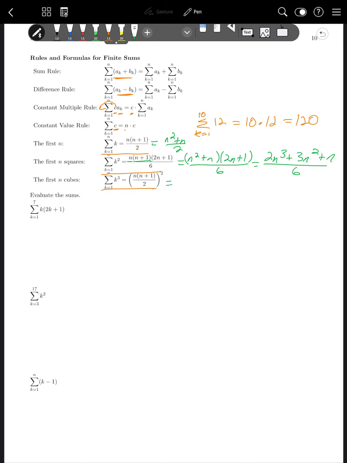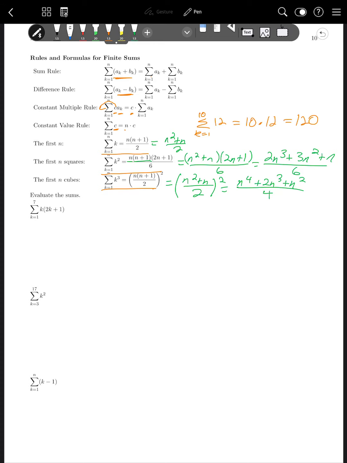And then for the last one, we multiply inside the parentheses and we get n squared plus n over 2. And then we can square that and get n to the fourth plus 2n cubed plus n squared over 4. So for now, we're going to use the factored ones here, but later on, we're going to want to use these multiplied out versions. So that's just to save us a little time later on.